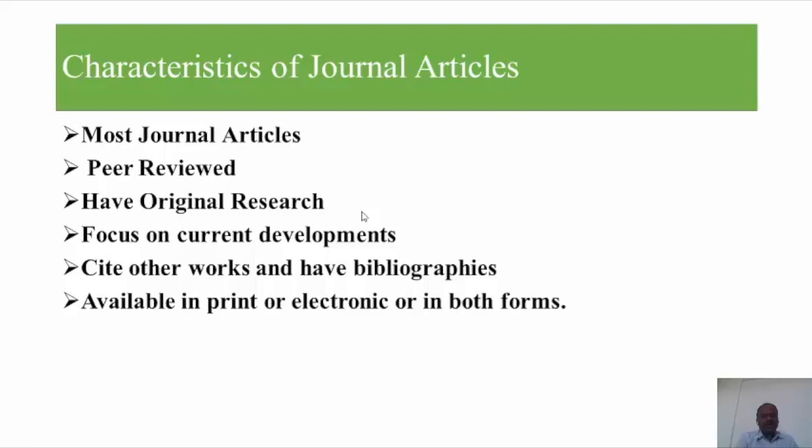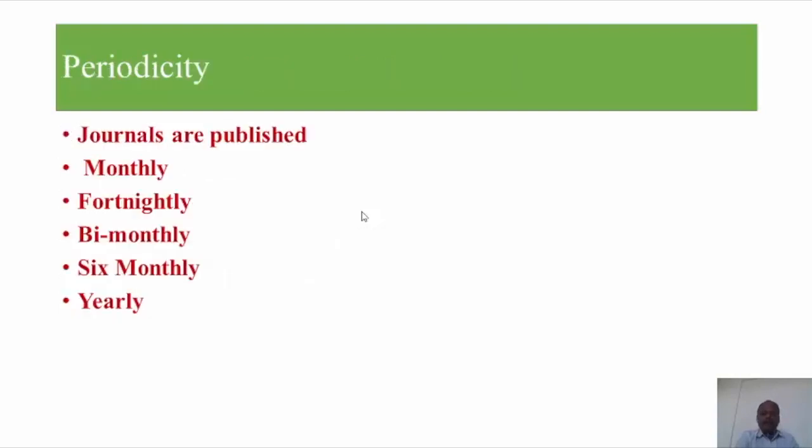No. Newspapers are published daily, but journals are published monthly, half monthly, fortnightly, bi-monthly, means once in two months, 6 monthly, means two times in a year, or yearly, once in a year.